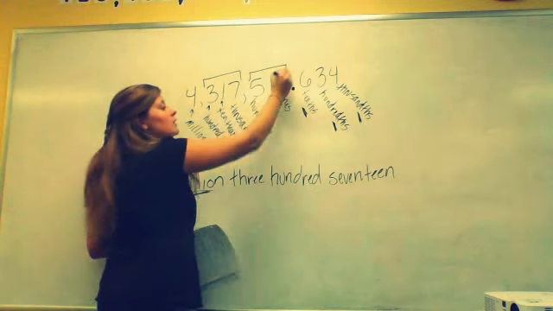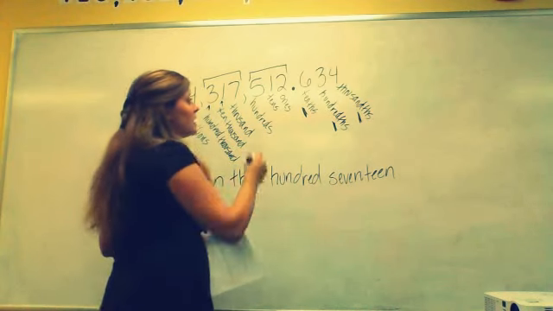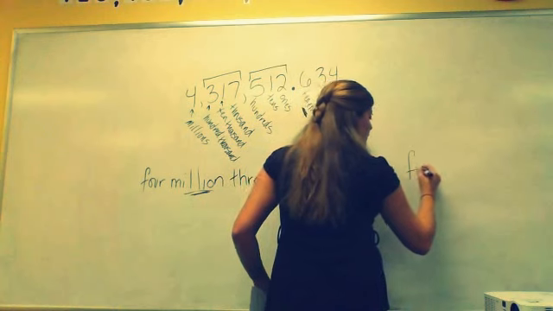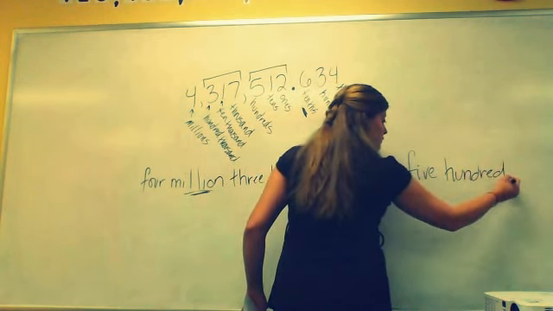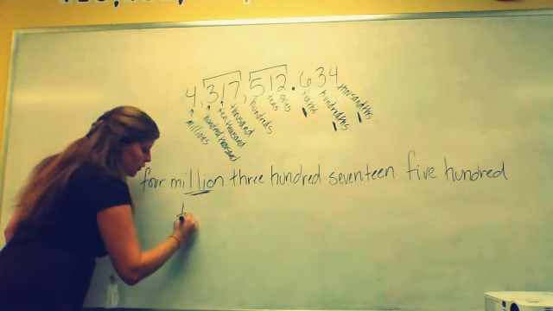Next set, right here. 3 again, 3 numbers together. 512. So 500. I'm going to come back down here. It's still the same number. 12.